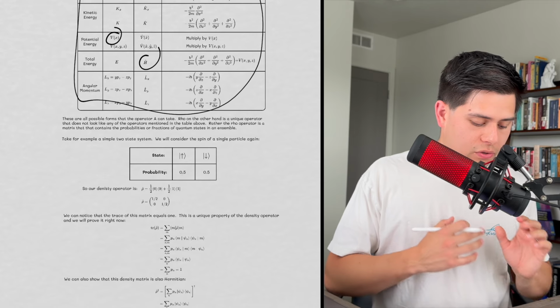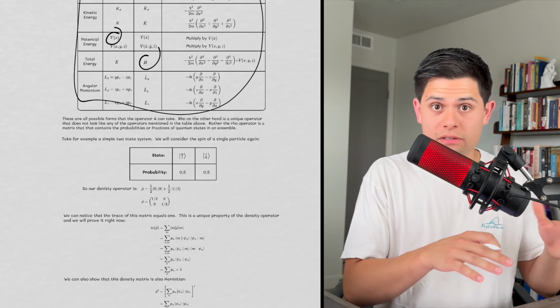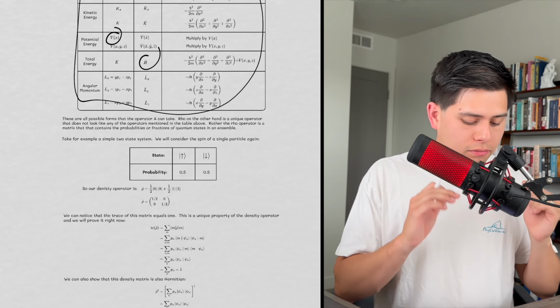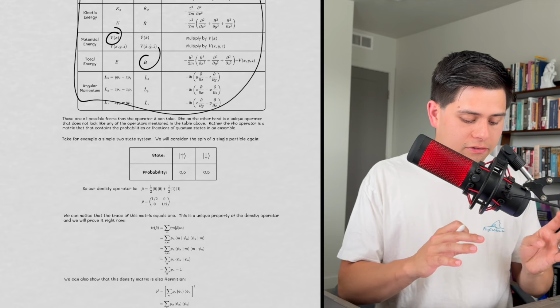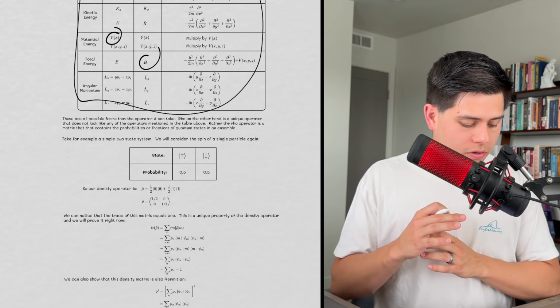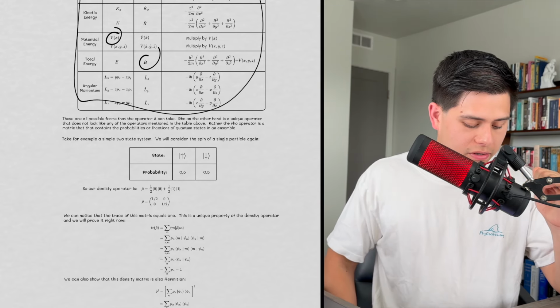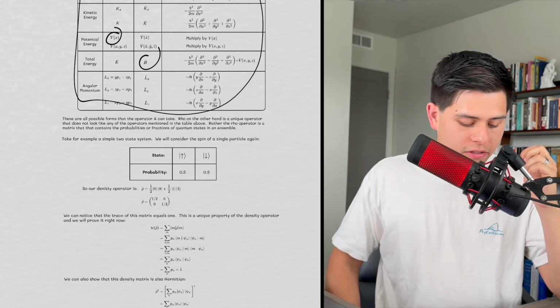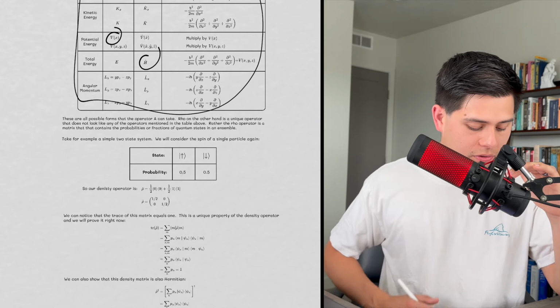Rho, on the other hand, is a unique operator that does not look like any of the operators mentioned in this table. Rather, the rho operator is going to be a matrix that contains the probabilities of fractions of quantum states in an ensemble. So take, for example, a simple two-state system. We're going to consider the spin of a single particle again, but just very simple.